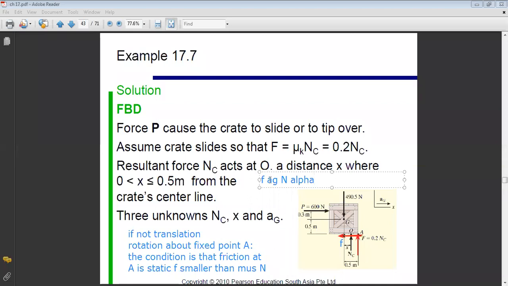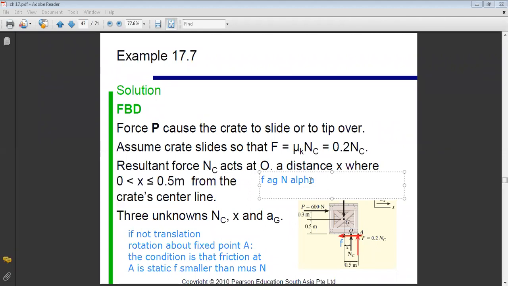Who can tell me, can I relate Ag and alpha using kinematics? For pure rotation about a fixed point, what is the relation between Ag and alpha? R times alpha. Very good.